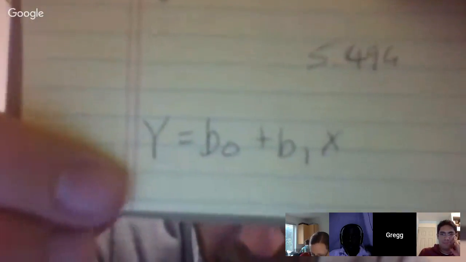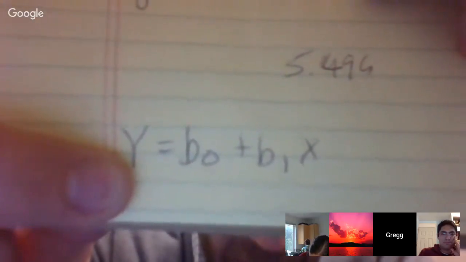Okay, so I'll show you. What we're doing here is y equals b0, whatever the 0 was. Can you read this?